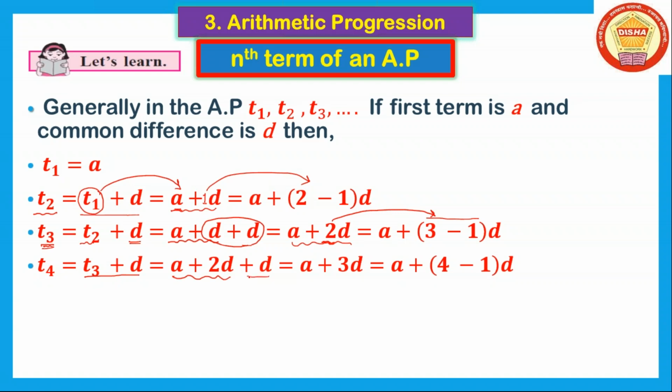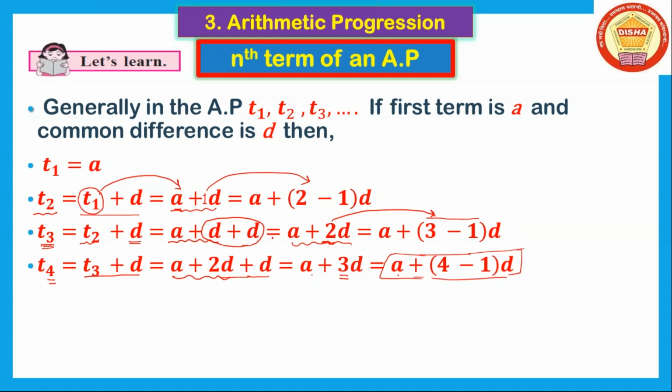Again we see here 2D and D are the like terms, so this expansion is termed as here A plus 3D. Then we find the relation of these three with respect to fourth term. Means we take A as it is here, plus instead of 3 we are taking here 4 minus 1 into D. Means this is the fourth term of an AP.